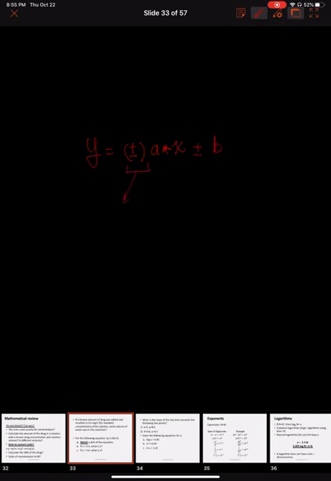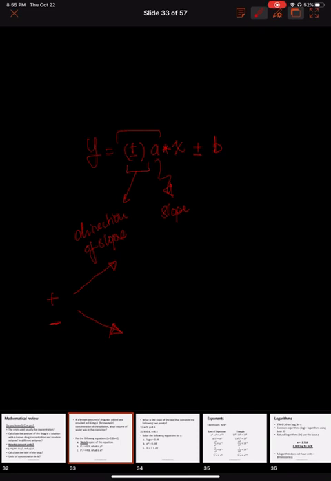This determines the direction of the slope, right? If it's positive, ascending, if it's negative, descending. Okay, this would be the slope, which is the value of the number that is multiplied to x. So this 2x, sorry.